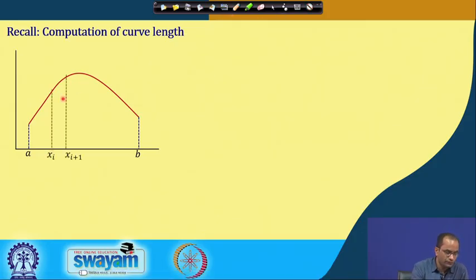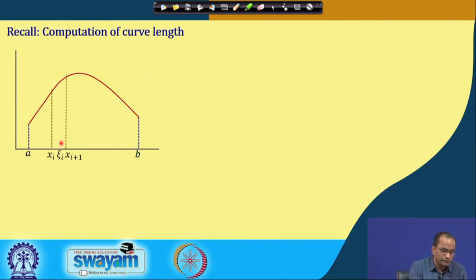What we do is divide the whole domain from a to b into small intervals from x_i to x_(i+1), that is the one interval shown here, and we discretize the whole domain from a to b into n such intervals.